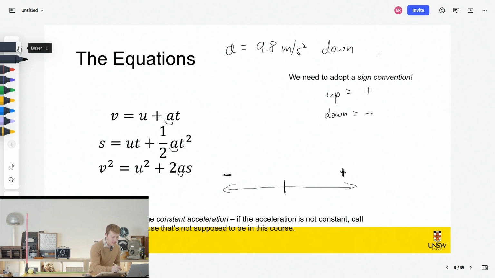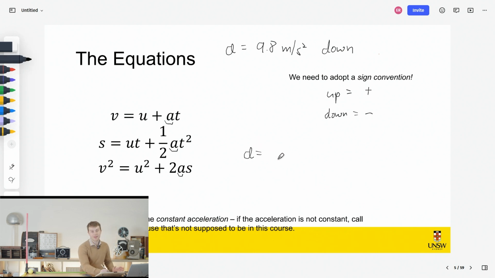And if we adopted that sign convention, then what we would be really saying is A, that's an A, not a D, I'm sorry, my handwriting's bad, is equal to minus 9.8 meters per second squared. That's what that's saying, right? That minus carries information. It tells us that the acceleration is in the negative direction, and we previously specified that the negative direction is down. Now, a note on sign convention, you don't have to pick any particular sign convention.